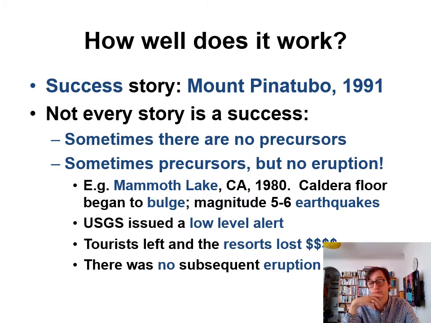Thousands of dollars, millions of dollars maybe, of revenue was lost, but there was no eruption. So there were a lot of slightly annoyed CEOs of all these tourism industries around that area because they lost a lot of money. But you have to assess the risk, and I think the scientists made the right decision, and the local government made the right decision by causing that evacuation at that time, because there could well have been an eruption.